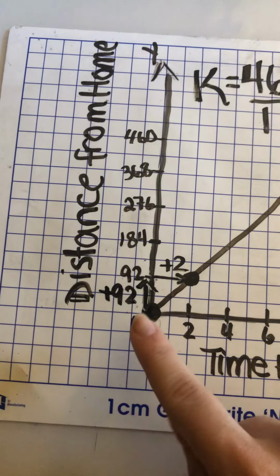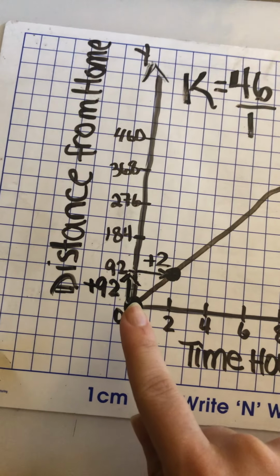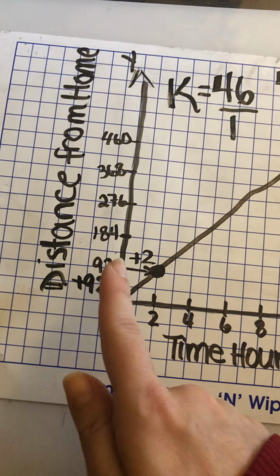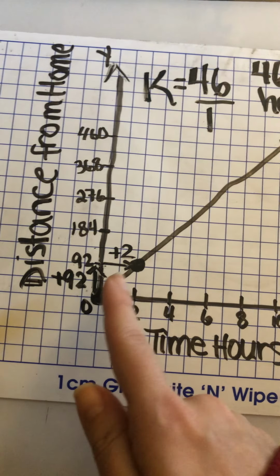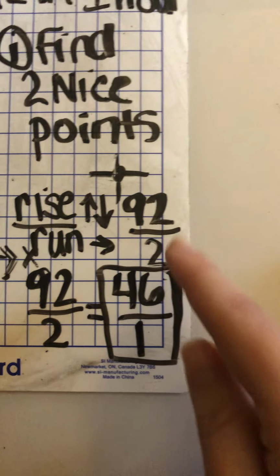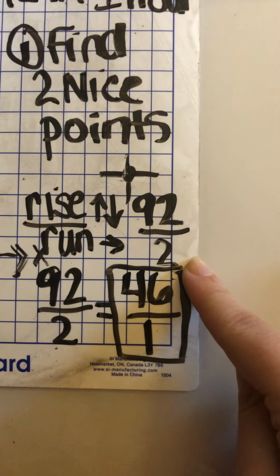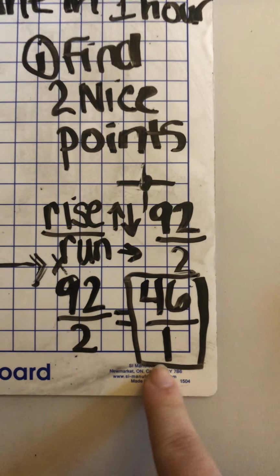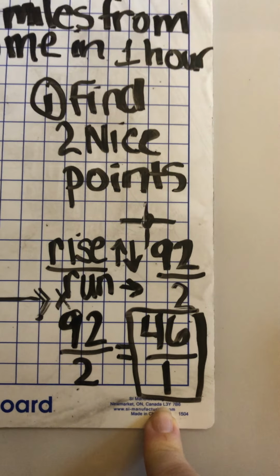So here our graph was counting by 92. I went from 0 to 92, which means I rose up 92. And then I ran from 0 to 2, so my run was 2. So we got 92 over 2, and then that would simplify to 46 over 1. You always want to simplify your constants, okay?